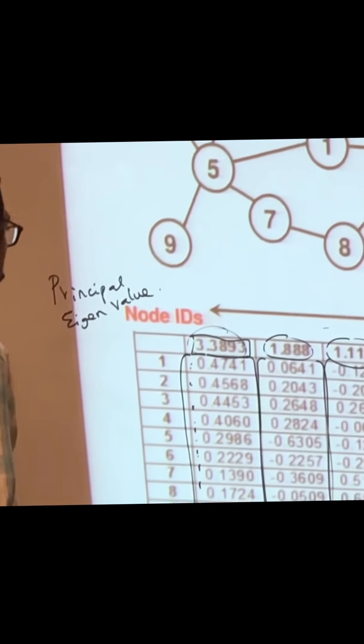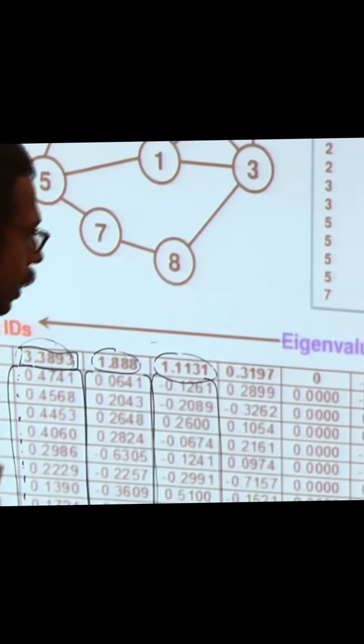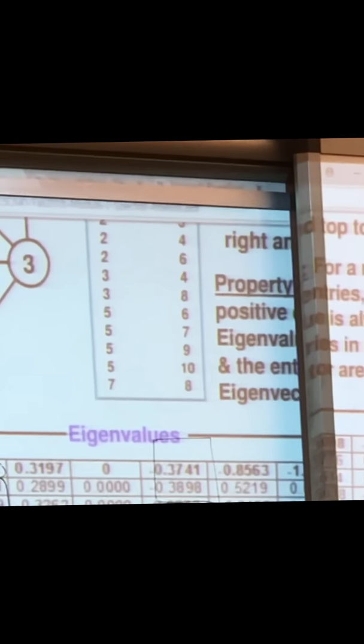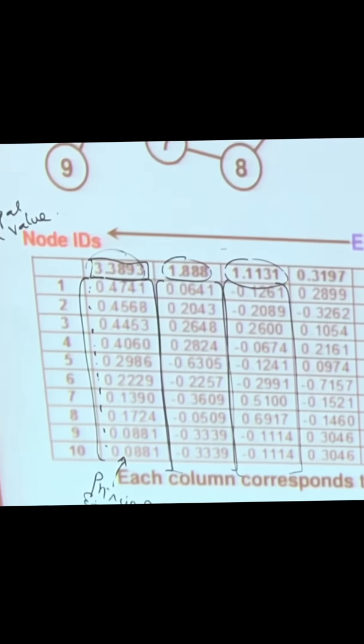Any other properties for now? No. Alright, so I said this is a graph of 10 vertices. So the eigenvector is going to have 10 entries, right?